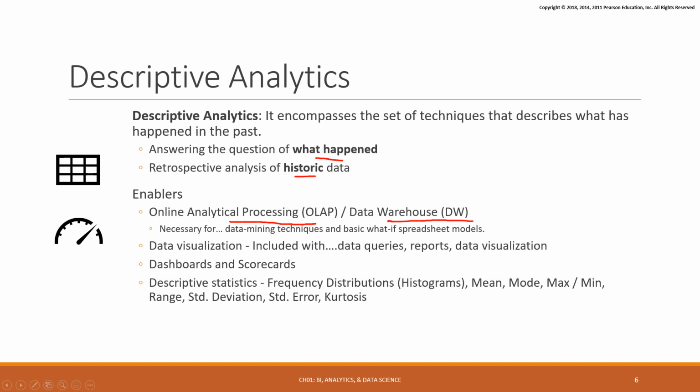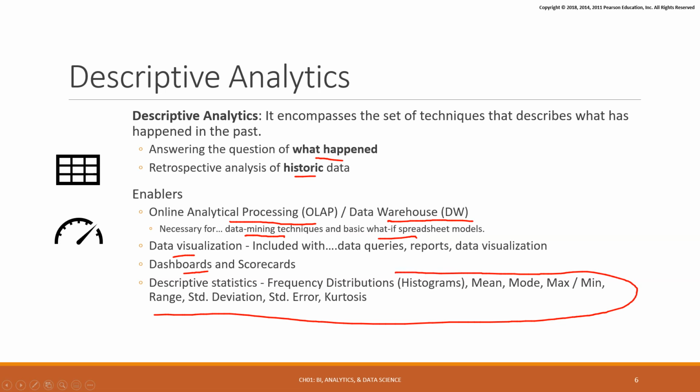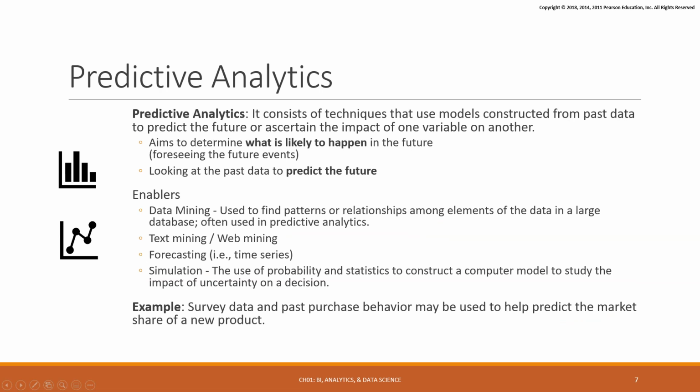This supports the future use of data mining and basic what-if spreadsheet models. Also, it helps with data visualization, dashboards, and scorecards, and it gives us those tools to provide basic descriptive statistics on our data.